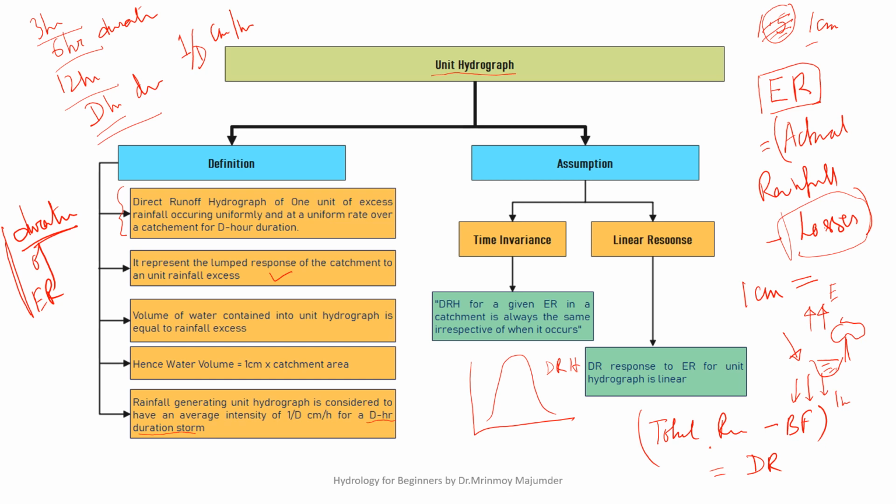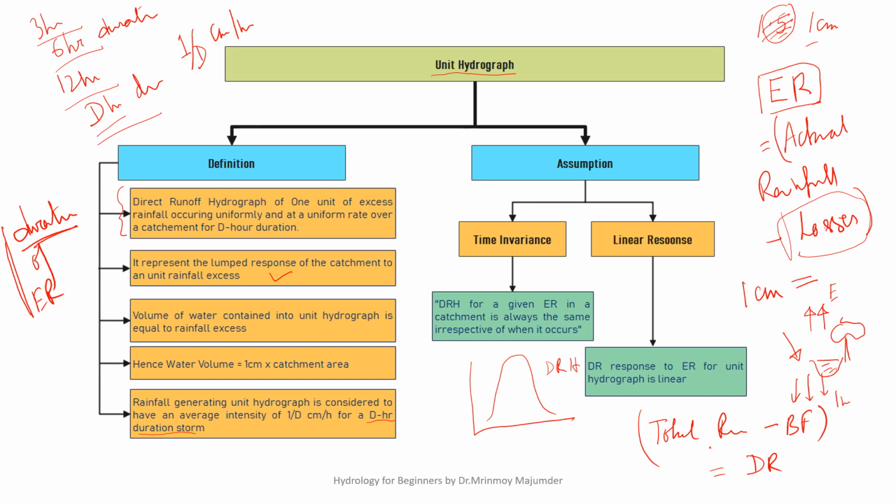So what happens to the definition of unit hydrograph? One unit of excess rainfall is occurring uniformly over the catchment at a uniform rate also for a D-hour duration. For D-hour, 1 unit of excess rainfall has taken place uniformly and at a uniform rate all over the catchment.